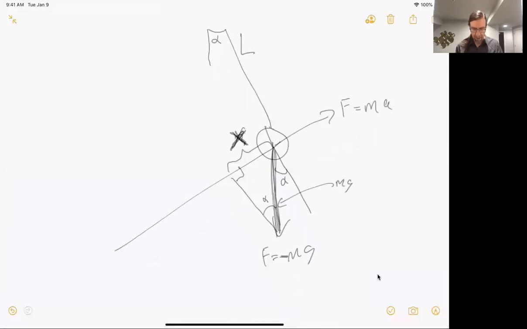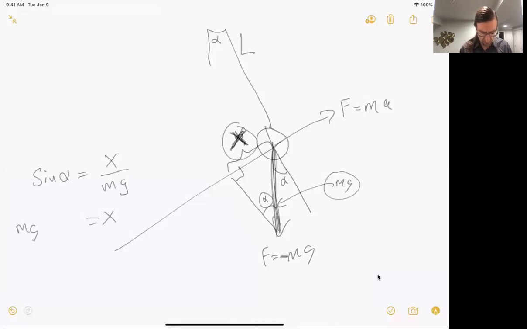I've got the angle alpha, the side opposite that angle, and the hypotenuse. The relationship between opposite side and hypotenuse is the sine function. So we have sine alpha equals opposite over hypotenuse, which means this number x is mg times the sine of alpha.